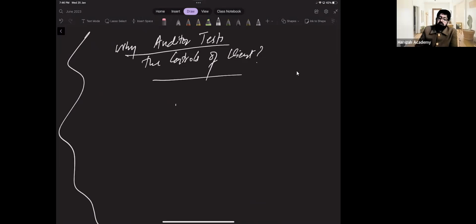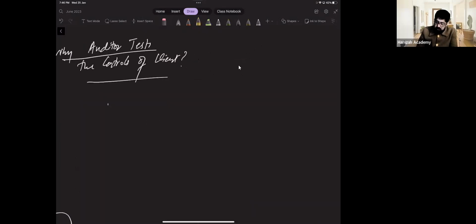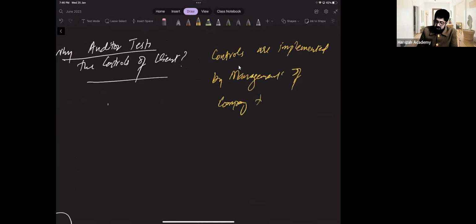Okay, good. Students, now listen, we know that controls are implemented by management of the company to achieve financial statement objectives.